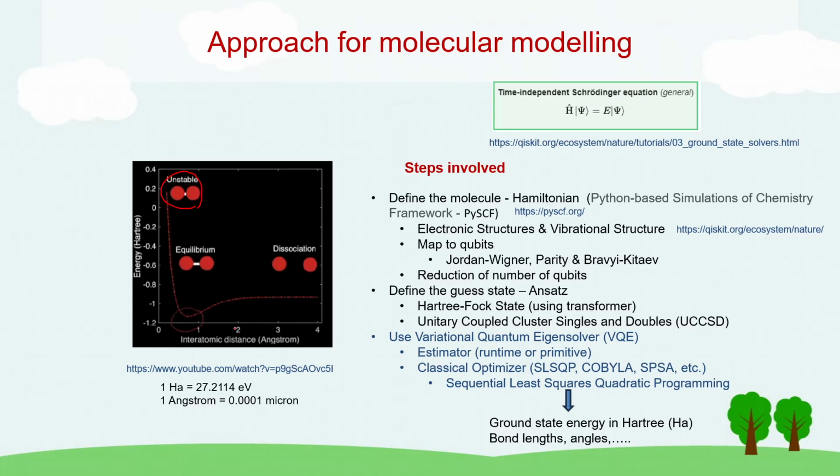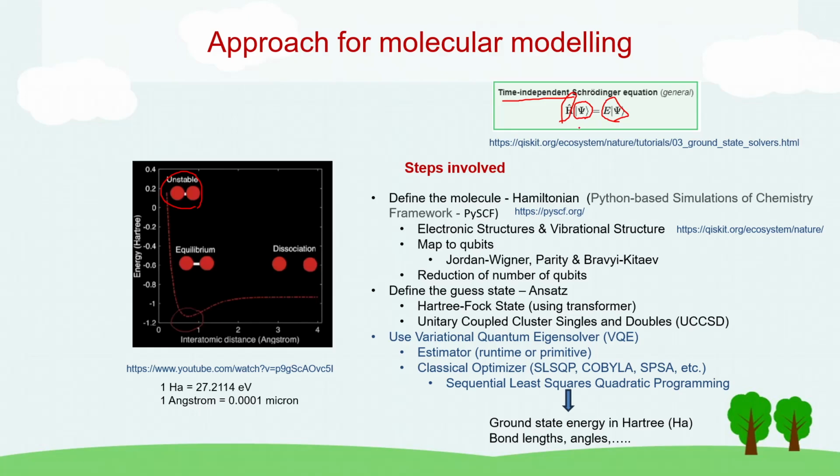So in order to do that, we are going to use the Schrodinger equation again, but this time it is a slightly different Schrodinger equation. It's called time independent. You can see there is no time variable in this equation. So basically what it says is, when you apply a Hamiltonian on a state, it will reach its ground state with ground state energy.